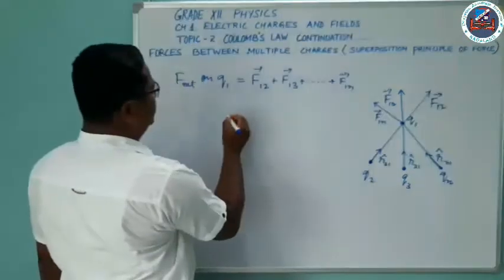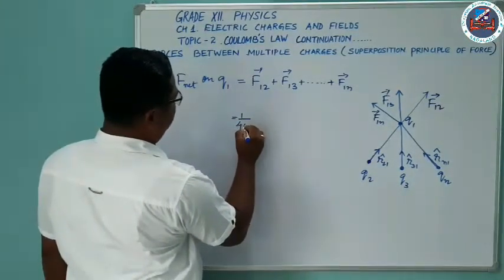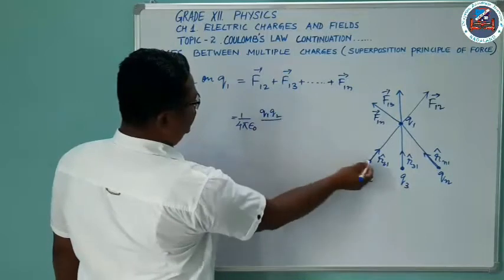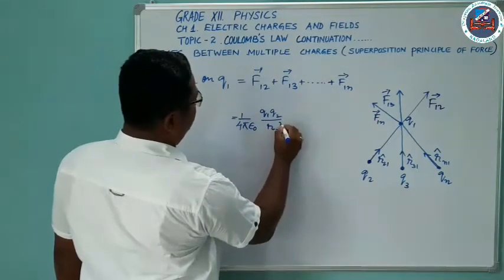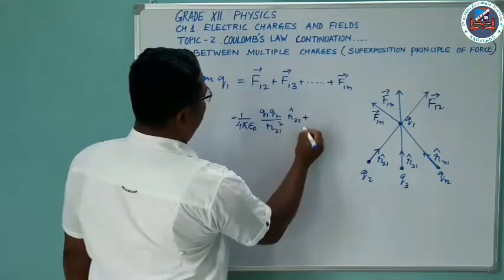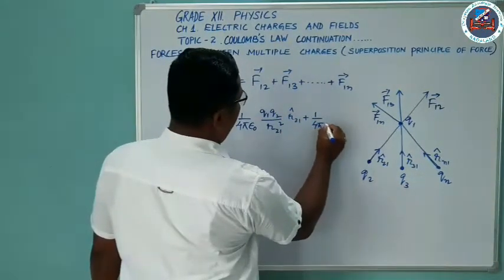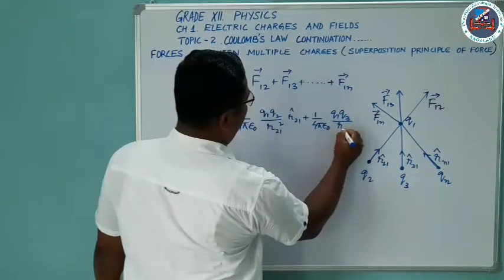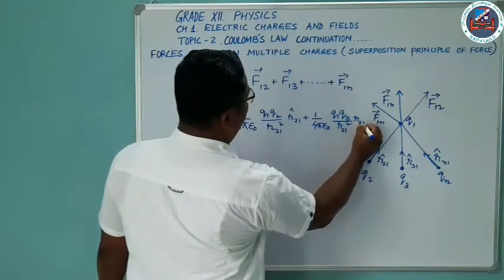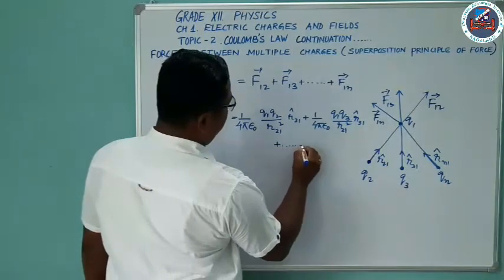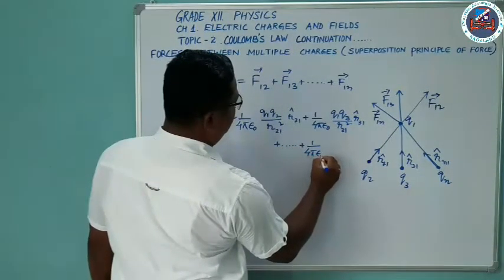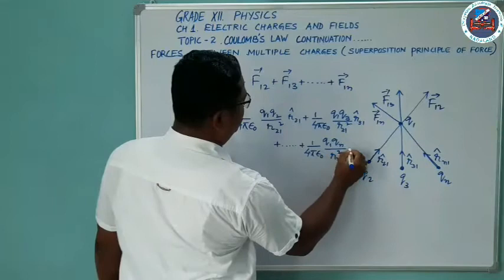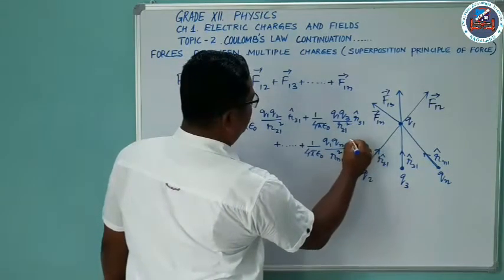F1n. This can be represented as 1 by 4 pi epsilon naught Q1 Q2 divided by distance squared R21 squared, R21 cap, plus 1 by 4 pi epsilon naught Q1 Q3 divided by R31 squared, R31 cap, plus 1 by 4 pi epsilon naught Q1 Qn divided by Rn1 squared, Rn1 cap.